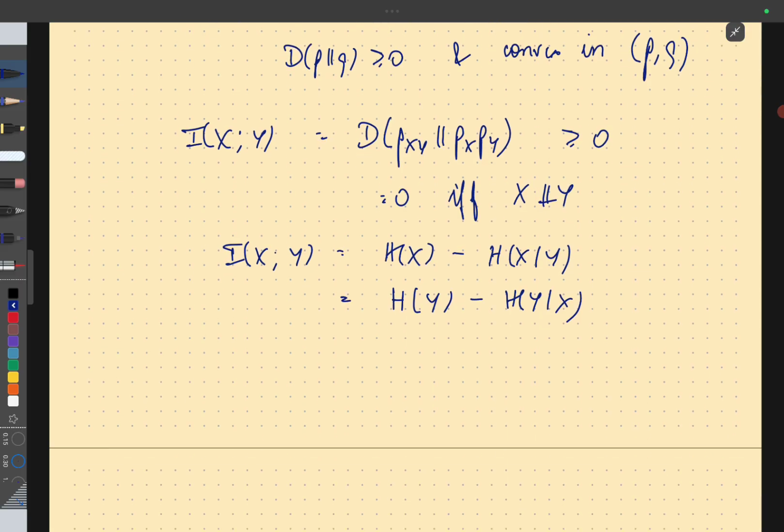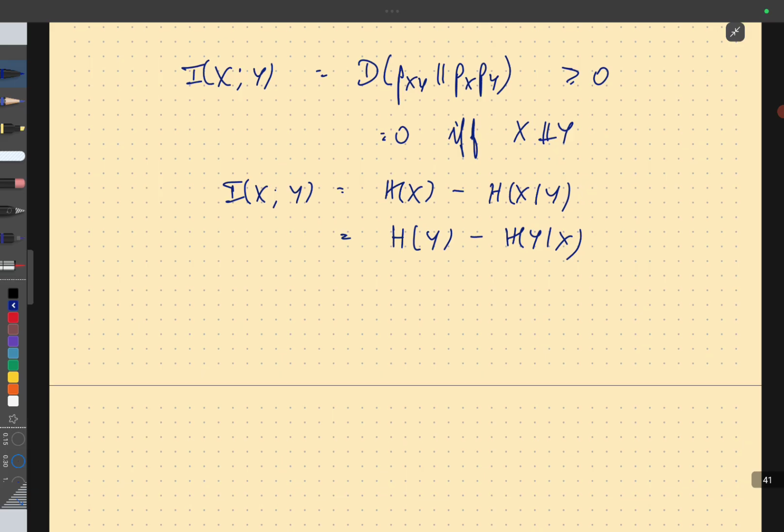Along the same lines, just as we defined entropy and conditional entropy, we can also define the conditional mutual information, which is I(X;Y|Z).